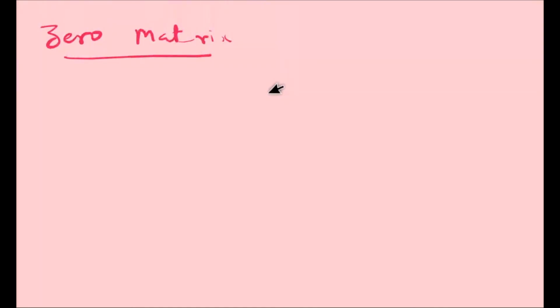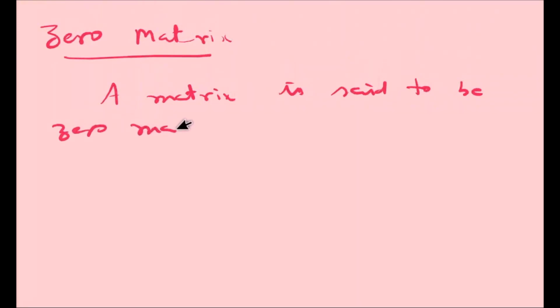A matrix, not only a square one but possibly a rectangular one, is said to be a zero matrix or null matrix if all the elements are 0.